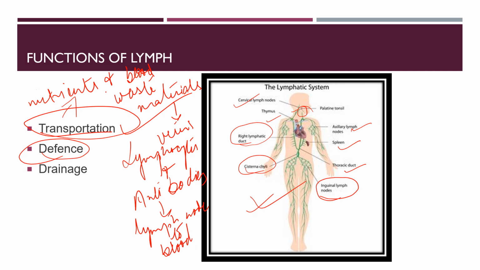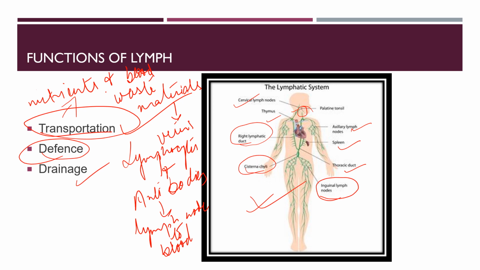If this gland is removed or operated on, and you can see many people are having their tonsils operated, it is not at all good, because the tonsil is infected every time due to the infection present nearby, and it localizes the infection and prevents it from spreading. So this is how the lymphatic system helps you defend against different viral or bacterial infections.